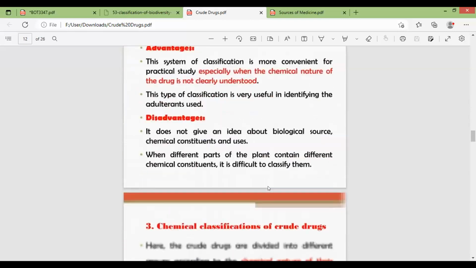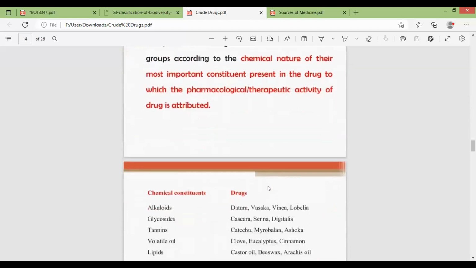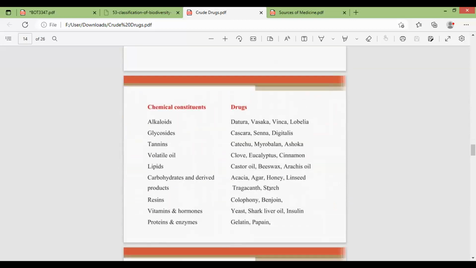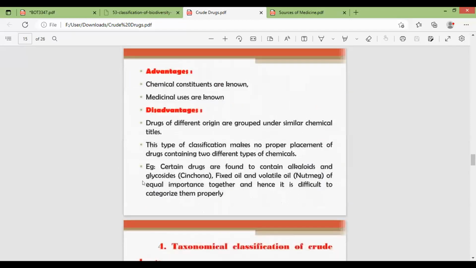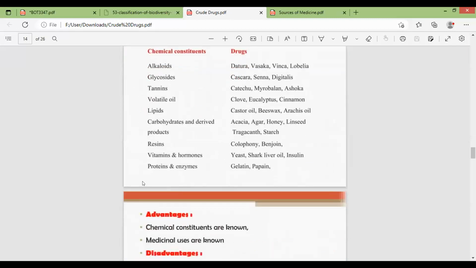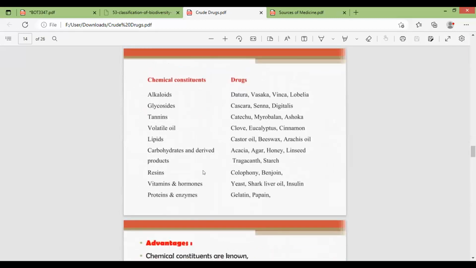Then chemical classification is where we have the alkaloids, the glycosides, tannins, phenols, volatile oils, whatever. That one is based on the chemical structure, right? And we know this is the most common classification, right?